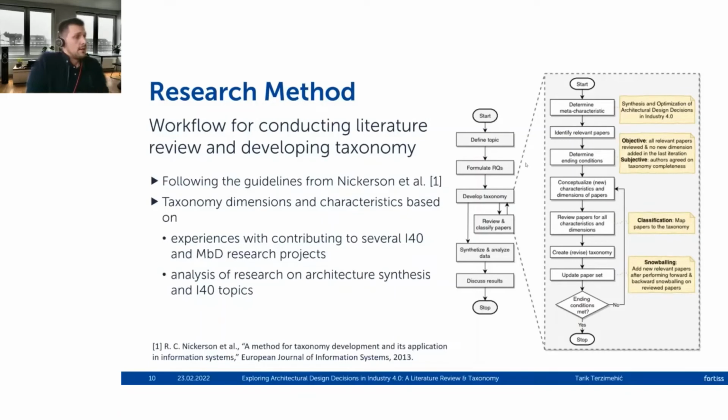We deduced the dimensions and characteristics of the taxonomy based on our experience in different research projects, but also based on the findings that we got from the research papers that we analyzed. Exactly, and then in the end, when the taxonomy was done, we tried to create some charts and to see if there are some relevant findings for us.